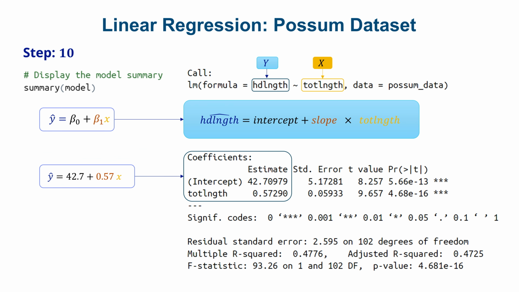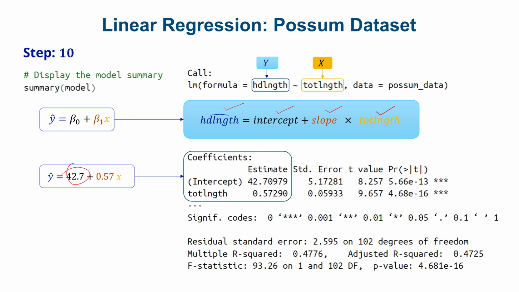The coefficients represent the estimated value of the intercept and the slope in the linear regression equation, which takes the form head length equals intercept plus slope times total length. In our case, intercept equals 42.71 means that in a theoretical sense, when total length is 0, head length is 42.71 centimeter.